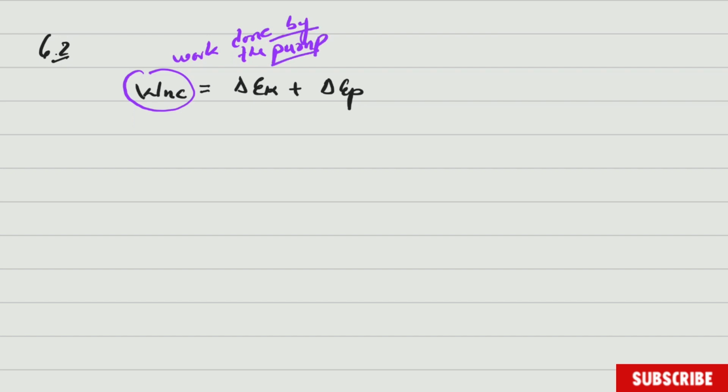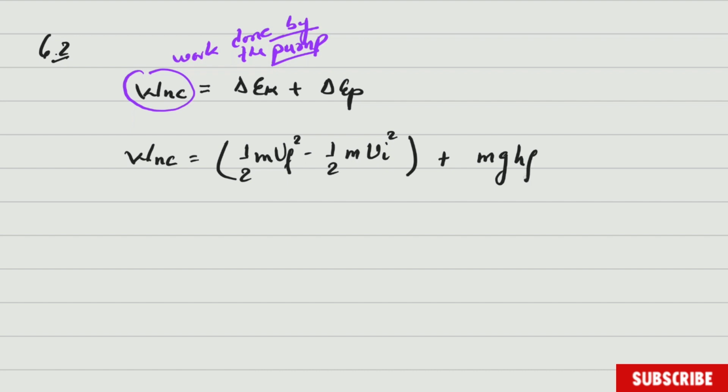If we go further with this formula, the work done by the non-conservative forces is equal to the change in kinetic energy, which is half mass multiplied by the final speed squared minus half mass initial speed squared, plus the change in potential energy, mass, acceleration due to gravity, final height minus mass, acceleration due to gravity, initial height.